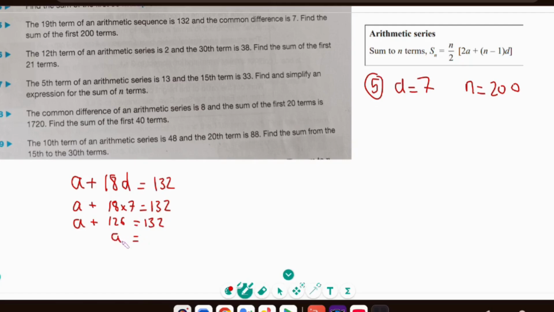If I take 126 off both sides, I know A is 6. Sorry, looking at the wrong question. I'm summing the first 200 terms.